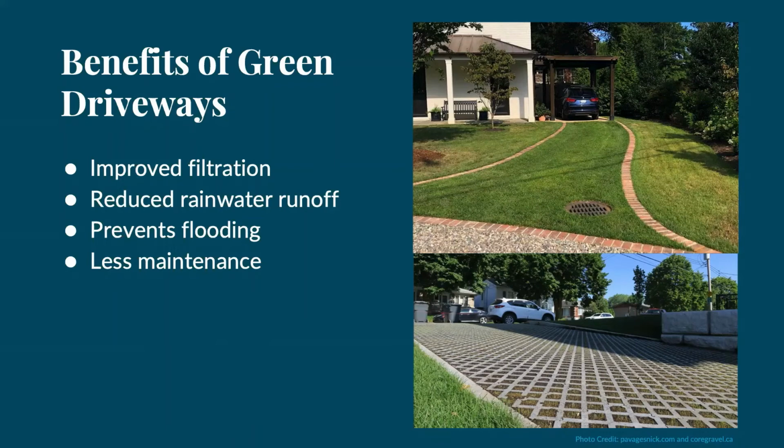And then, of course, that affects every other living thing rippling on out from there, because every ecosystem has such a delicate balance. So we have much less maintenance for a driveway here. You don't have to worry about sealing your driveway every year. You maybe just mow across and away you go.